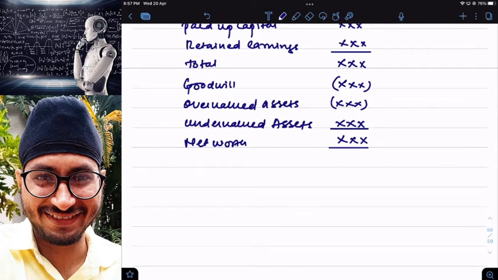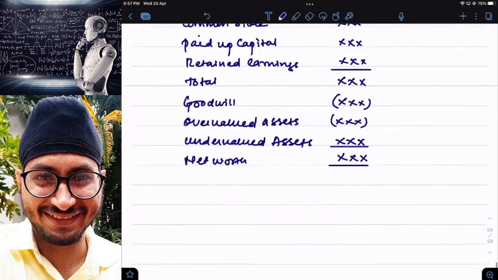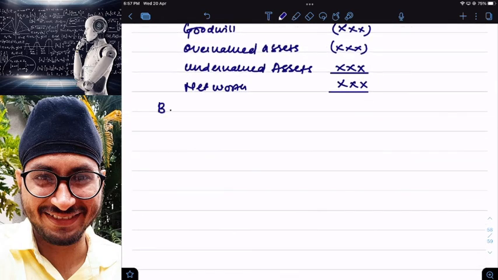Next, what is the second method? The second method is the net income multiple method. How do I calculate my worth on this basis?